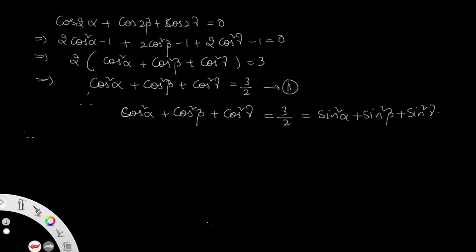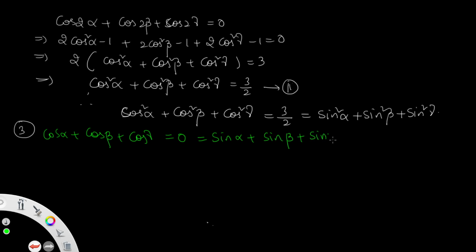Question number 3. Cos alpha plus cos beta plus cos gamma equal to 0, and that is also equal to sin alpha plus sin beta plus sin gamma. This is given.